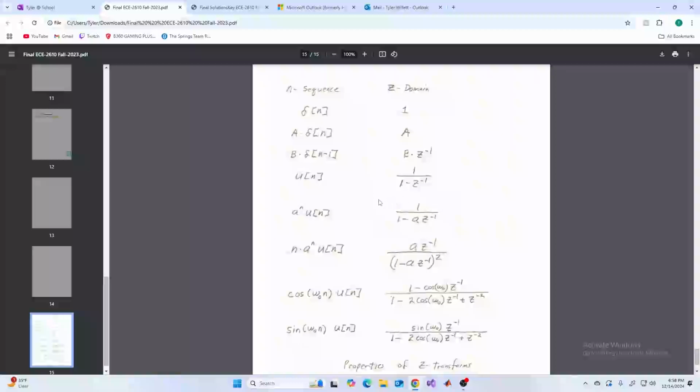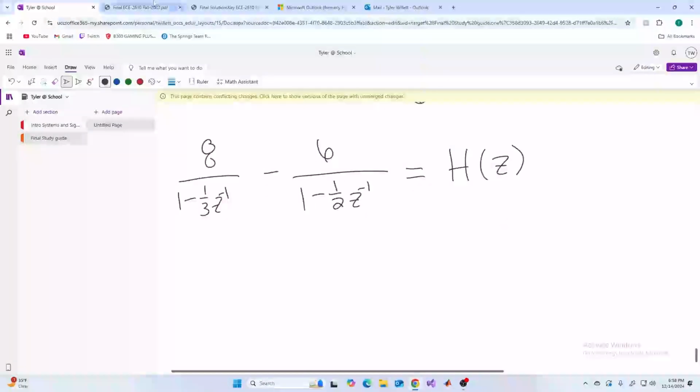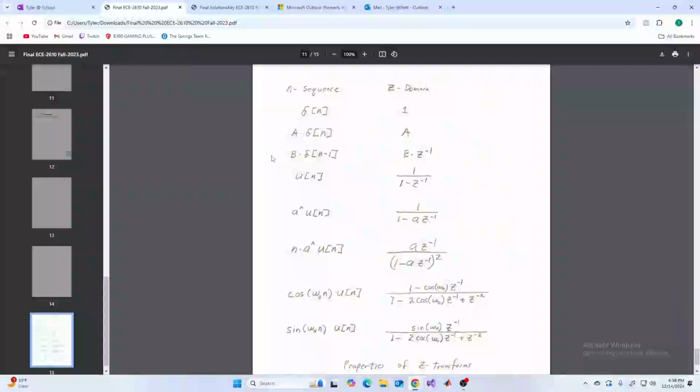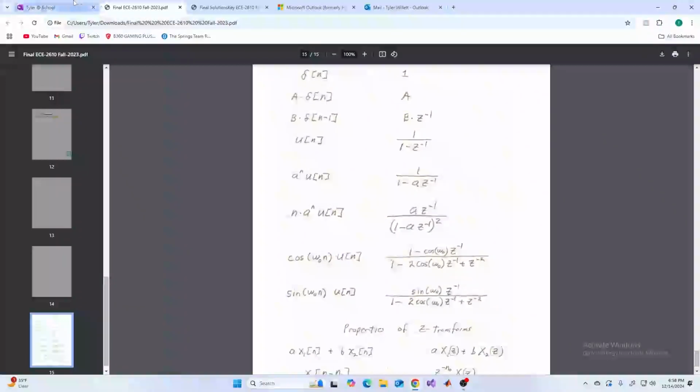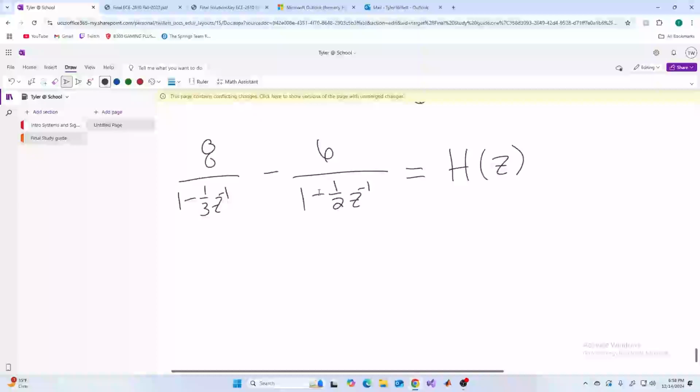You'll pull the 6 out front, and so you have 1 minus 1/2. So that's that 1/2, correct? You have that 1/2. I'll just do this one so you can see exactly what I'm talking about. So I'm going to pull out that negative 6 times 1 minus 1/2 z to the negative 1. This is equal to negative 6.